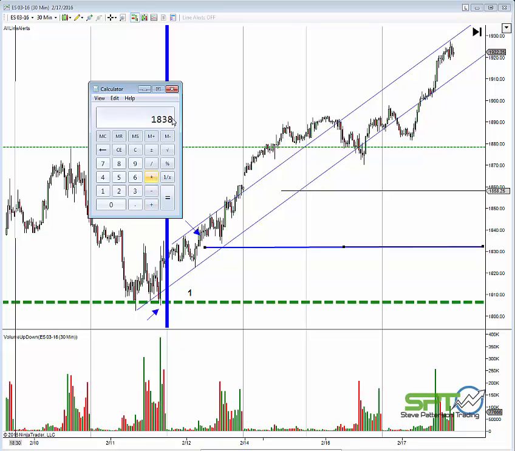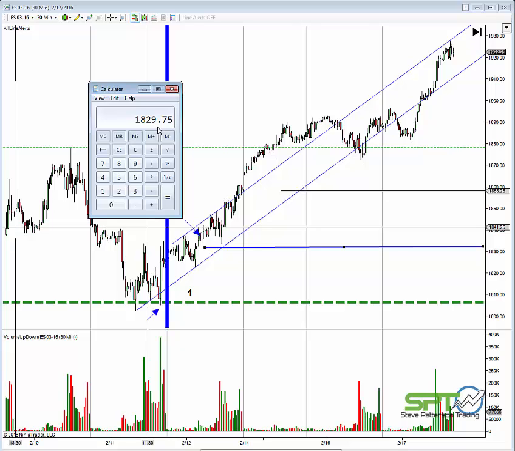Times, now we're going to do 3 lots here, okay? Equals, okay? Plus our original position, which is 1805, divided by 4. Oh, damn it. Divided by 4, 1829. So there you can see.